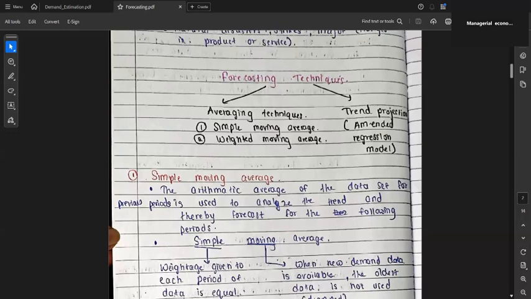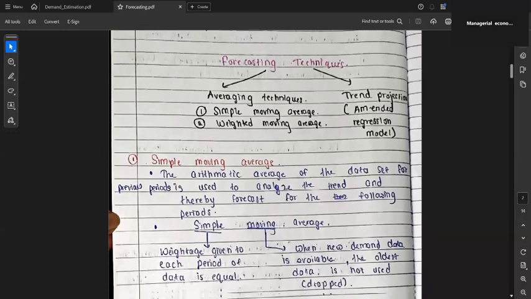So if you have time series data, you have your factor called year or maybe months component. You can get it as the independent variable and the dependent variable as quantity of demand, and you can estimate the time series regression model.